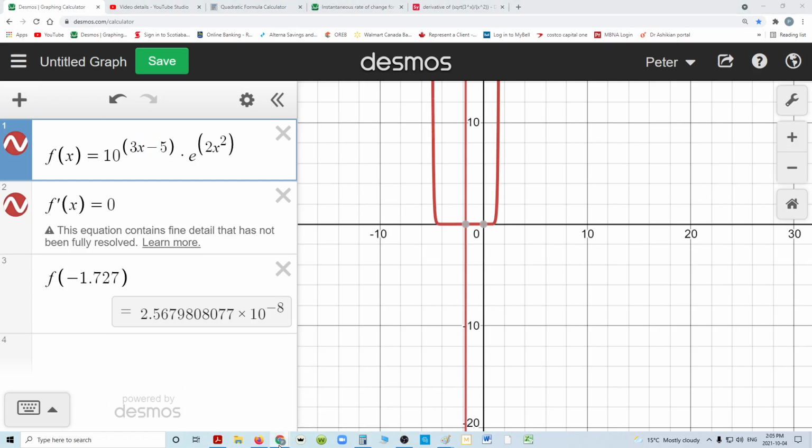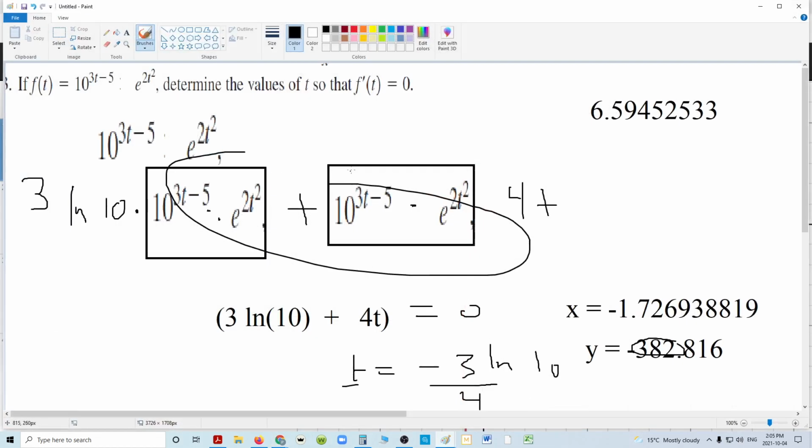That's okay. We did indeed get the x value. Yeah, for some reason I was subtracting them. Yeah, this would be 10 to a negative number multiplied by that. Okay, yeah, it'll be a very negative number. There you go. At least we got the right answer for t.